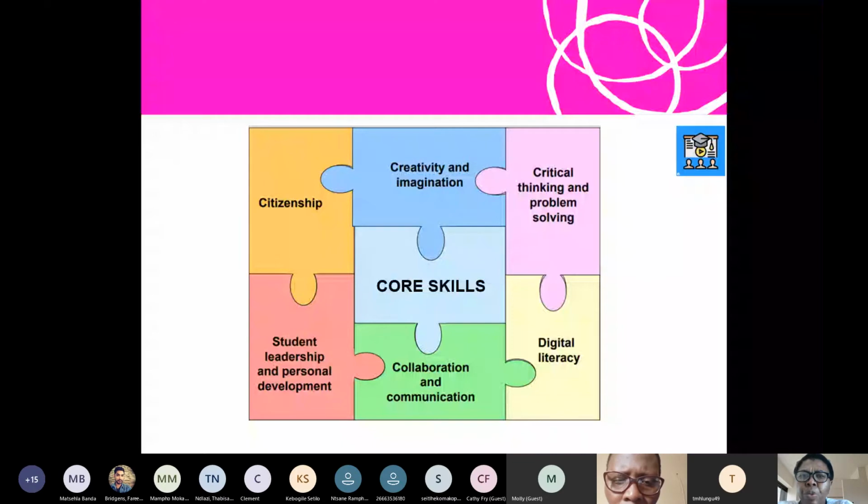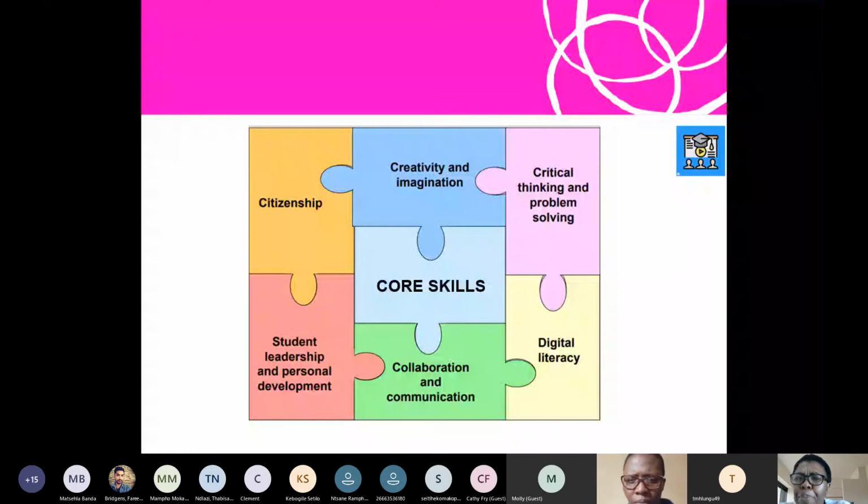I can imagine when you have core skills and you say, I am a learned person, and you don't have digital literacy. How are you going to communicate now when we are forced to use online? How are you going to research? How are you going to ensure that your learners have got projects in your school?